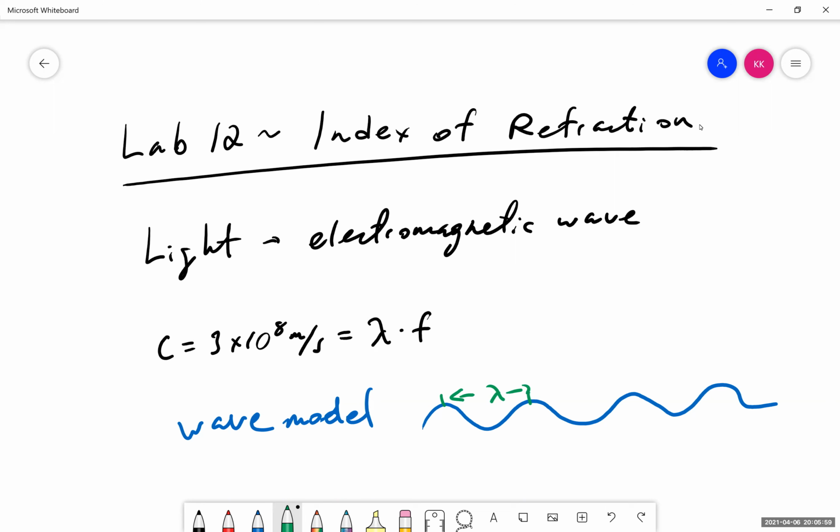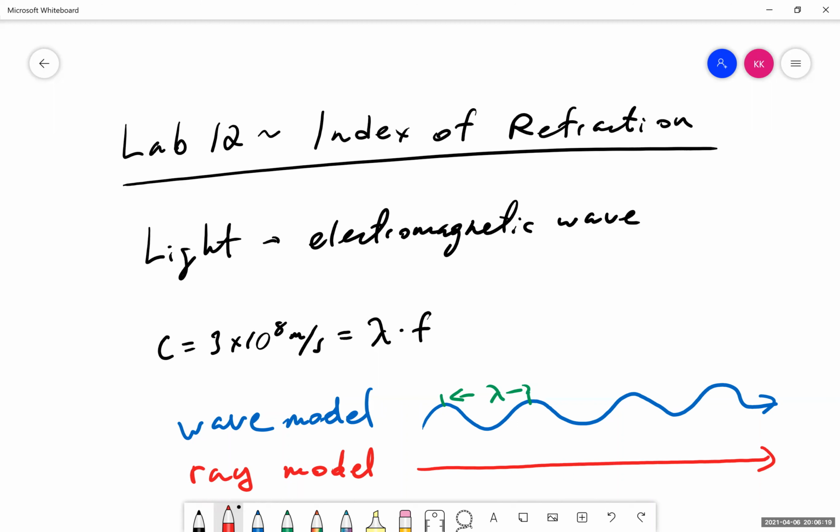But one thing we will see is that in the next several labs, we're going to be using a different model for light, and that's going to be a ray model, which instead of talking about a wave moving like that, we can say that the light is moving in a straight line.